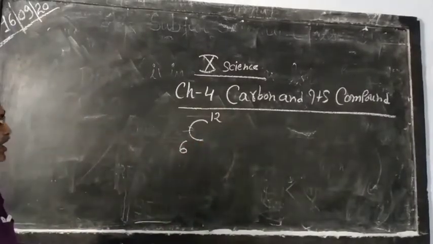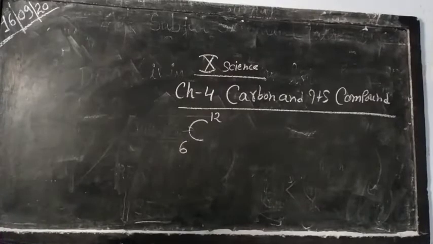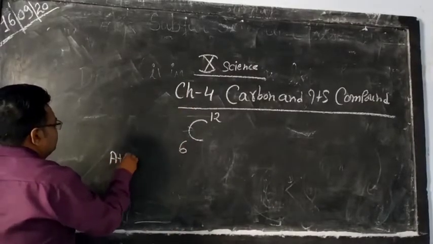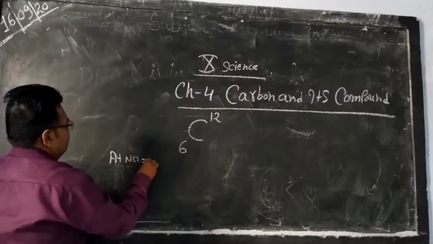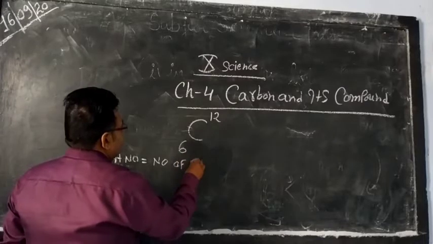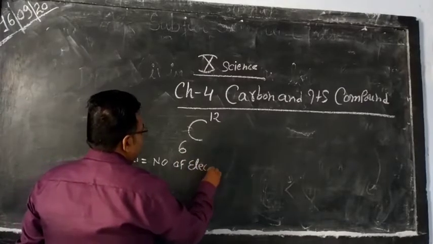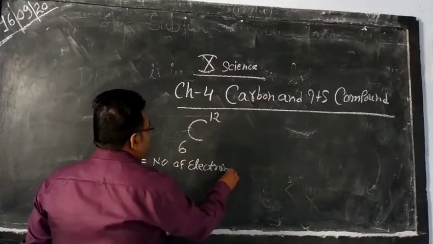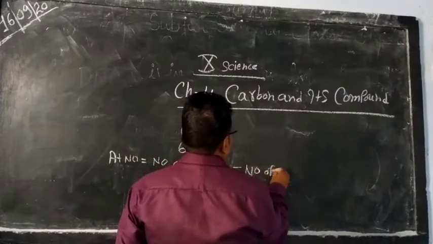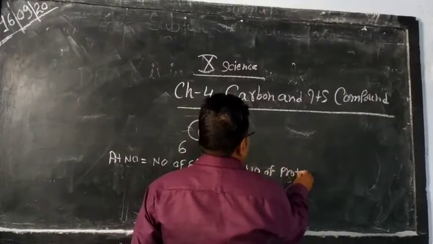You know that atomic number is equal to the number of electrons, which is equal to the number of protons.